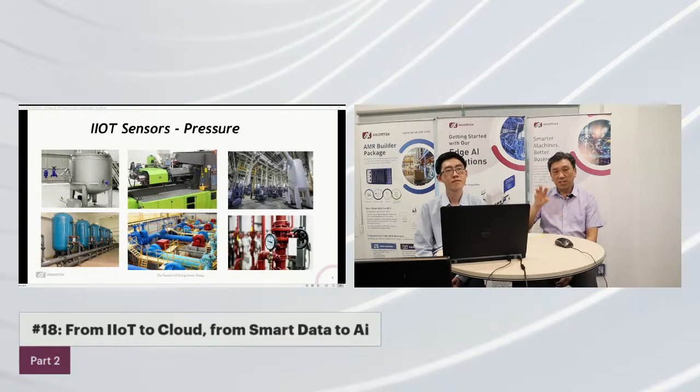And of course, the analog gauge. If you watched the previous slide, for the analog gauge, we use an AI camera to read the reading and then publish to the cloud. That is also one of them.